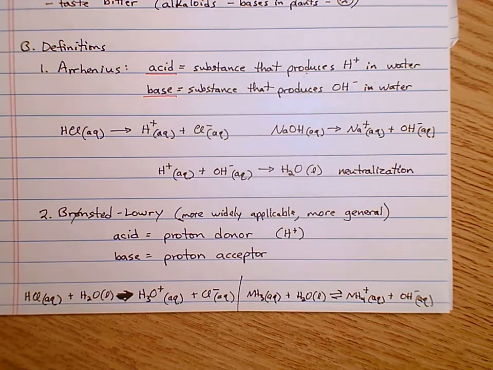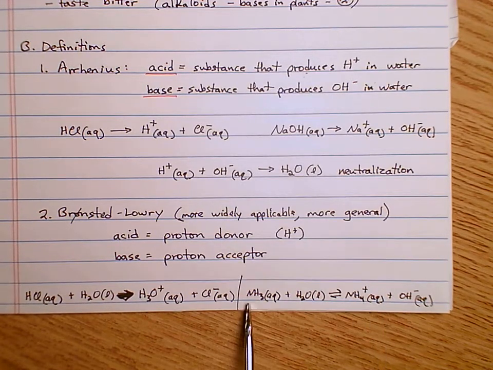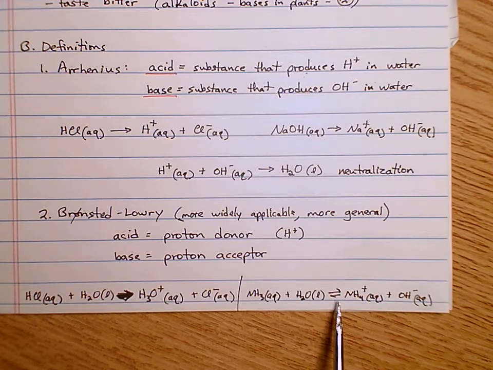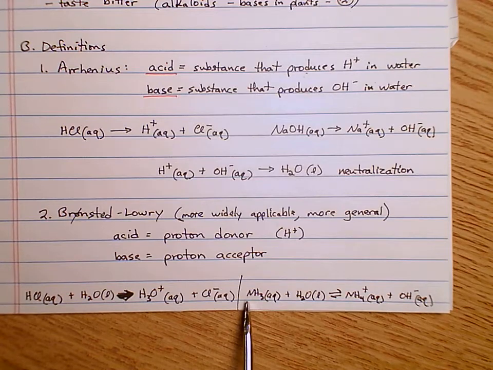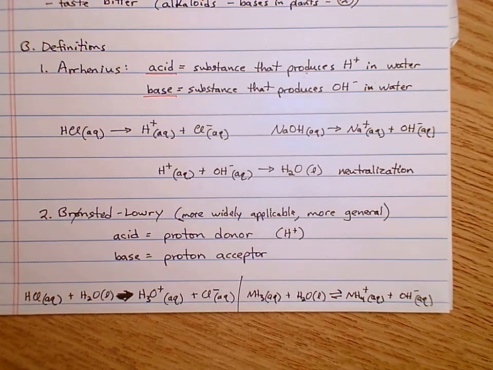Something also to note, Bronsted-Lowry does very nicely with weak bases. NH3 aqueous plus H2O liquid is in equilibrium with NH4 plus aqueous plus OH minus. You have your base and you have your acid in there, and note you generate OH minus. Some of these weak bases, ammonia type bases, just don't work well for Arrhenius.